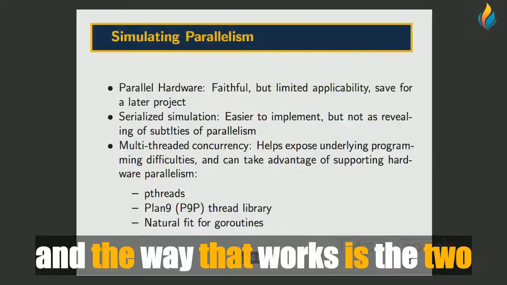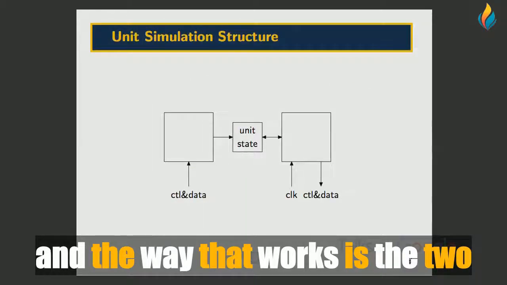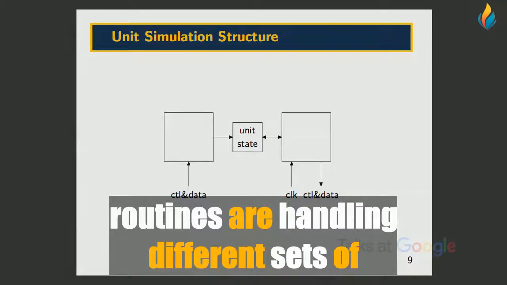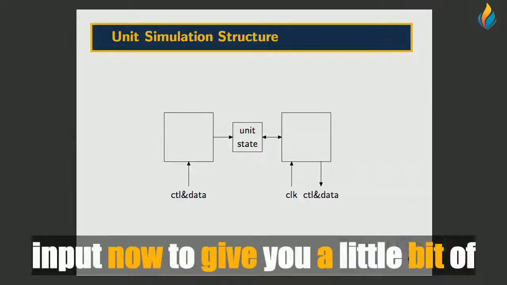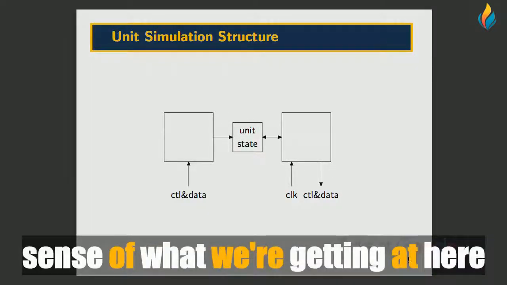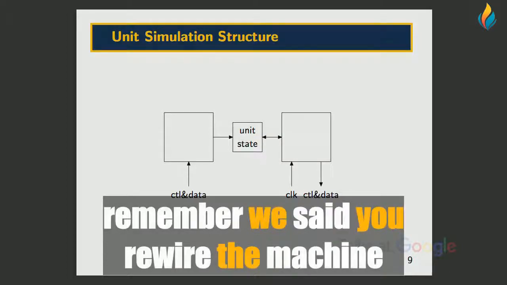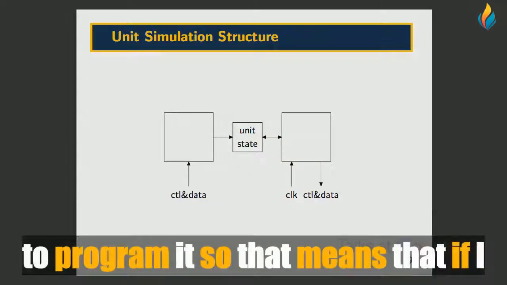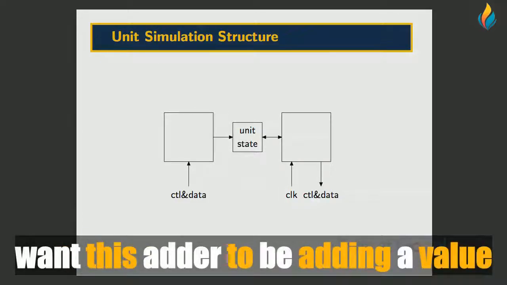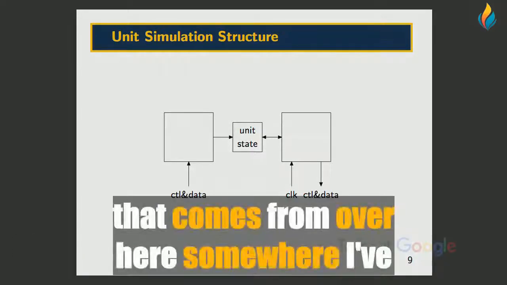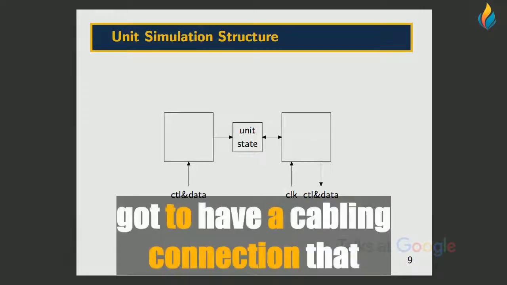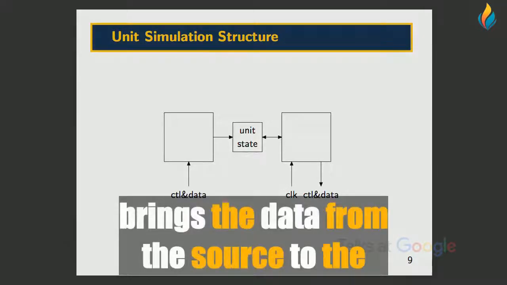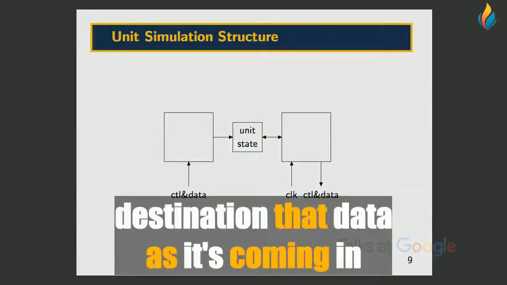And the way that works is the 2 routines are handling different sets of input. Now, to give you a little bit of a sense of what we're getting at here, remember we said you rewire the machine to program it. So that means that if I want this adder to be adding a value that comes from over here, somewhere I've got to have a cabling connection that brings the data from the source to the destination.